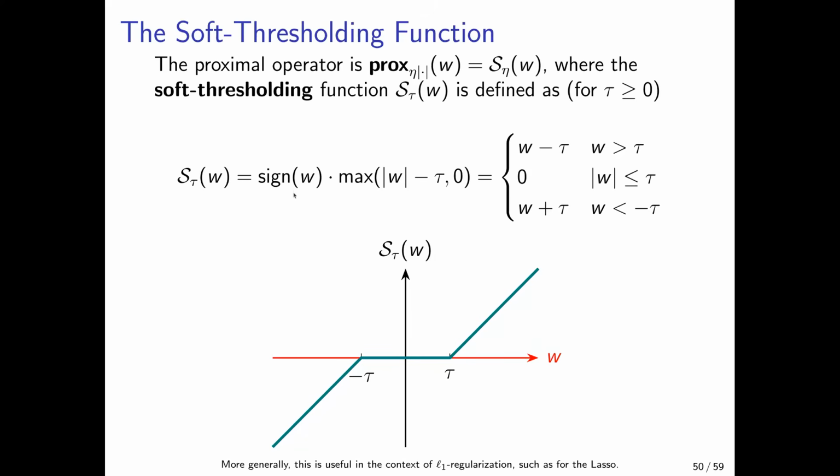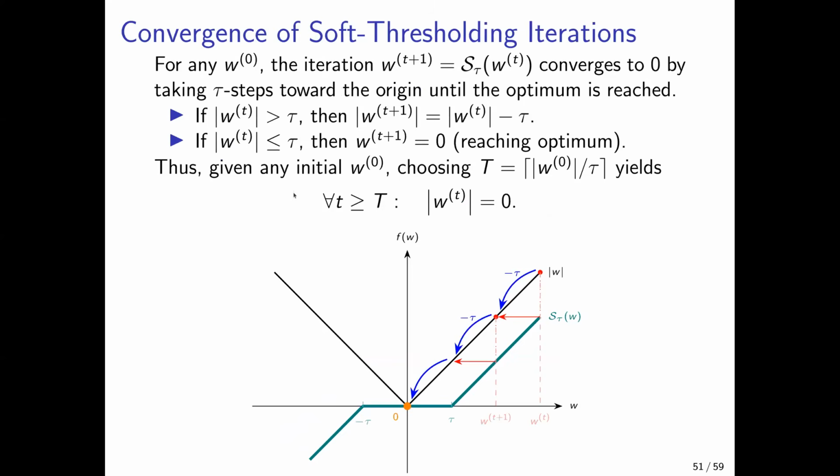For some important cases like this, it turns out that the proximal operator can be computed explicitly, and therefore we can really apply this in practice. One example we are discussing next is a fixed point iteration. Once again, recall we want to minimize the absolute value function, and of course we know the result.